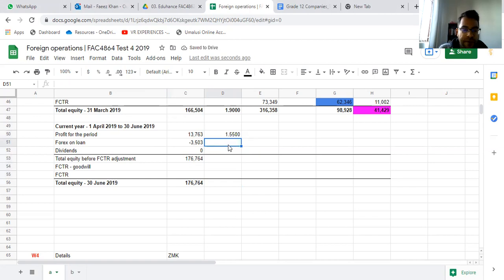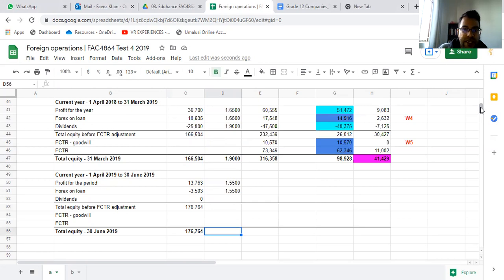The forex is also for that 3 months. So we multiply by R1.55. There is nothing over there, so I don't put in anything. Okay, the rate we're going to use over here is the closing rate. So what is the closing rate?